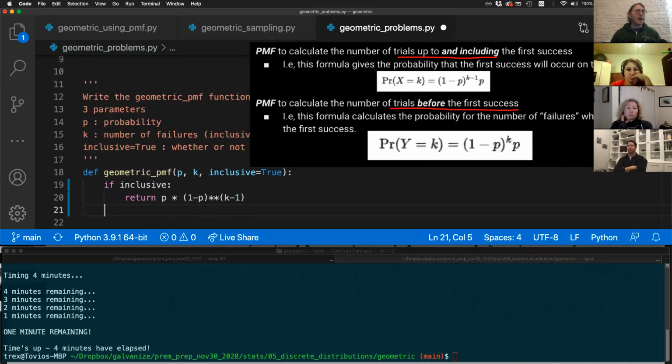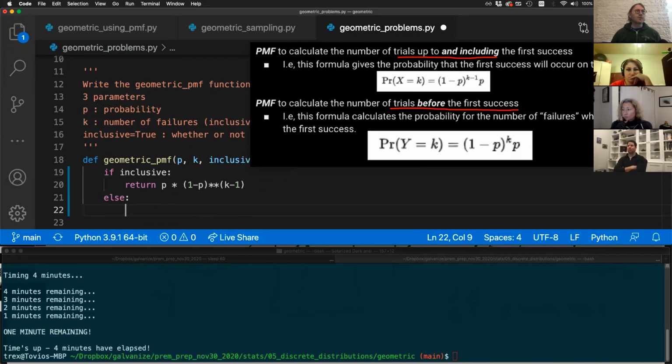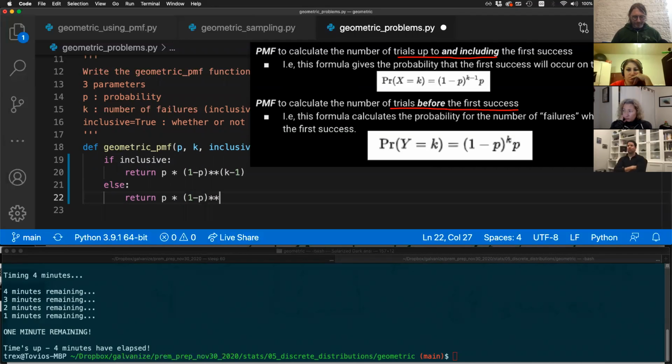I usually write p first. And otherwise, I don't need this else here, and usually I wouldn't personally write it, but I'll go ahead and write it here. We are doing 1 minus p to the k, times p.